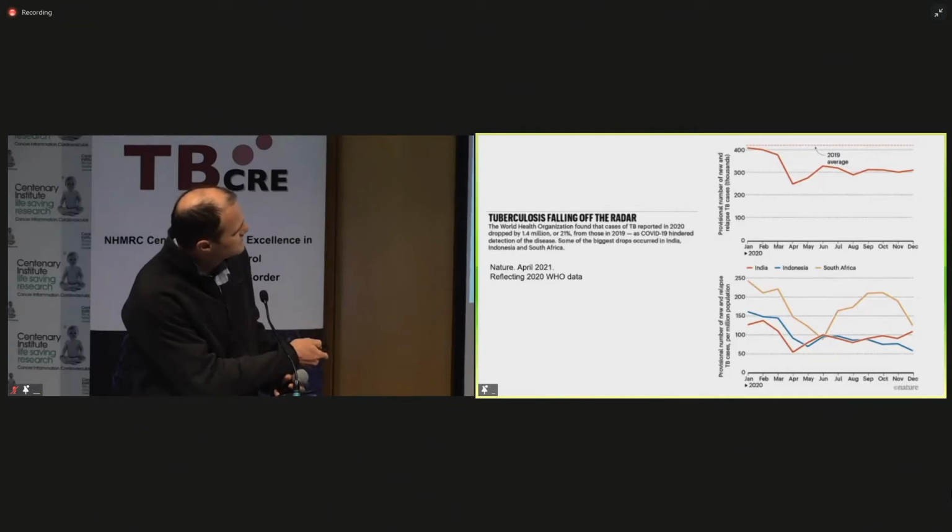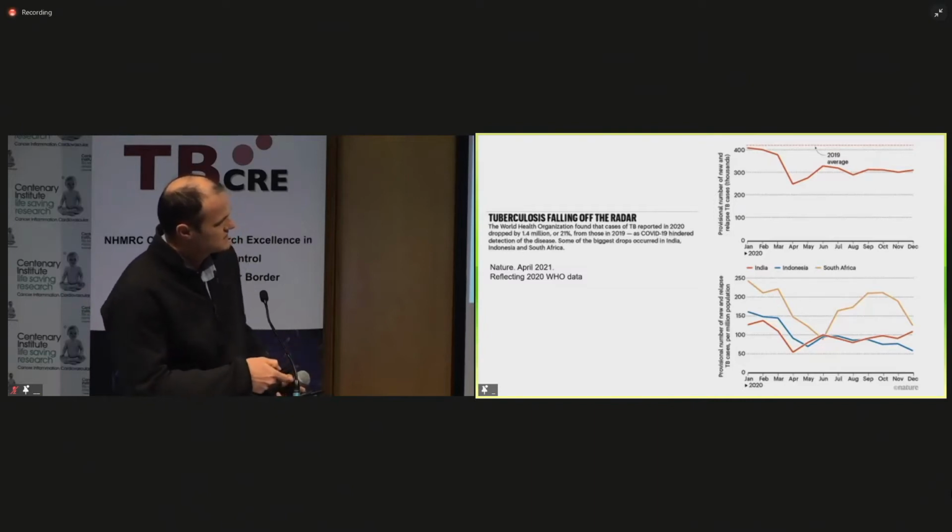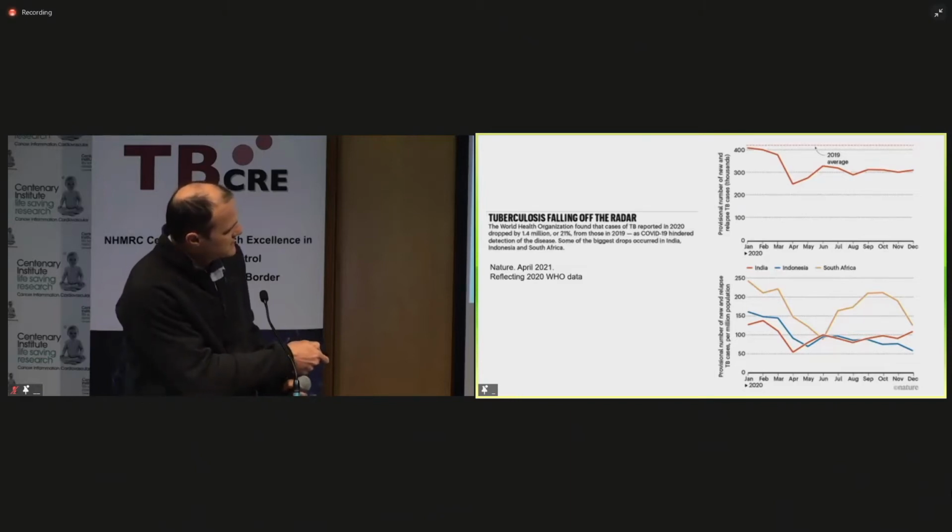If you look at the 3 countries as exemplars where there were significant COVID interruptions, although this doesn't reflect the recent COVID outbreak in India, but you can see how there has been transient drops in case detection, especially in South Africa.